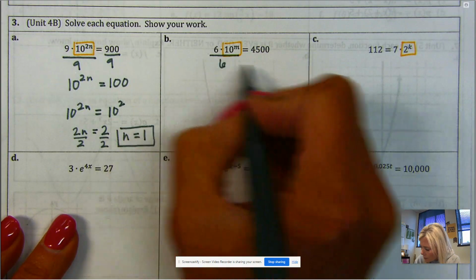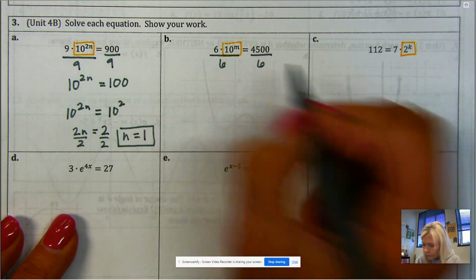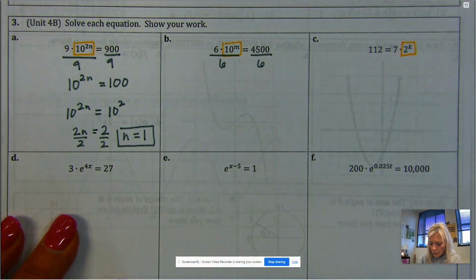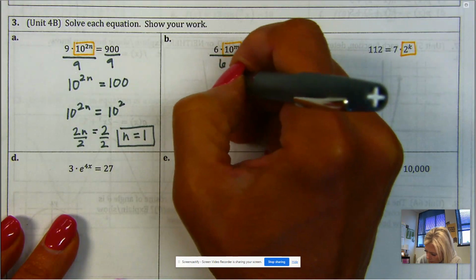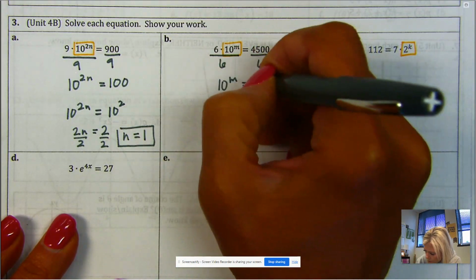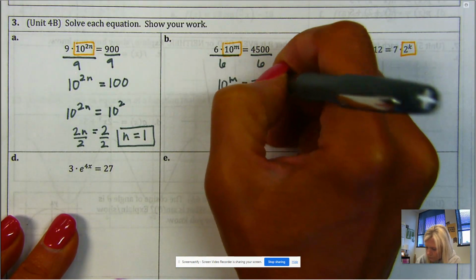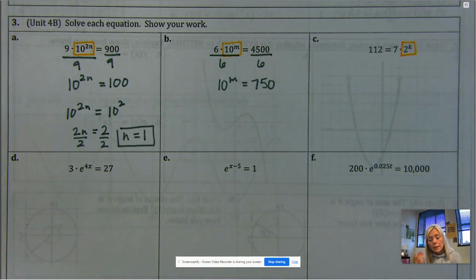So next one, the first step is still the same. I'm going to divide both sides by 6. 4,500 divided by 6 is 750. So 10 to some power is equal to 750. 750 is not a power of 10, and so I am going to have to use a logarithm.